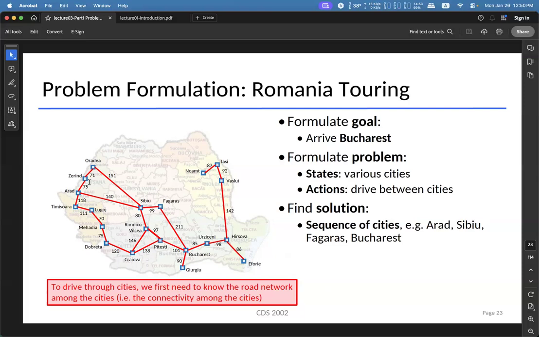But in some problems, it is not that easy to find a line or a plane that can separate two different kinds of data points. In some data sets, the data samples are distributed in a manner that it is not easy to find a line that can divide those two different kinds of data samples.